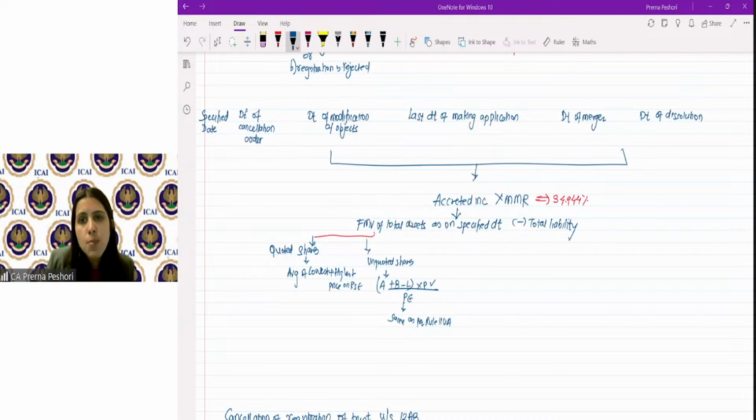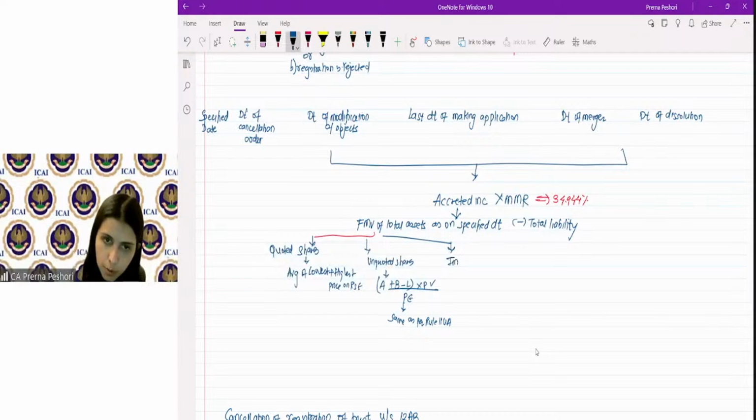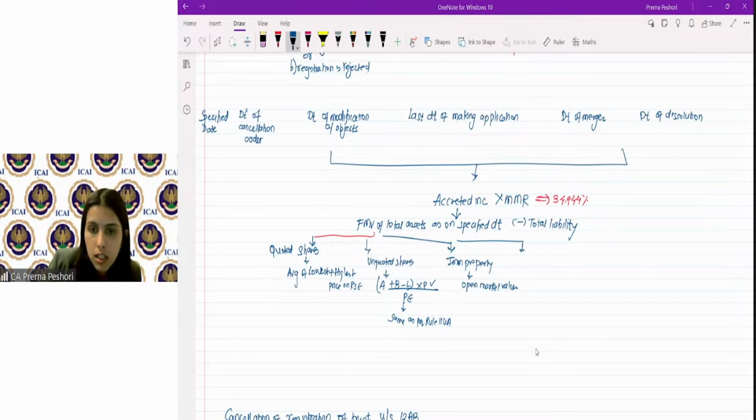Okay. So A is basically your book value of all the assets. B is the book value of jewelry, immovable property, everything else, right? And then for the immovable property is open market values and any other asset. So any other asset or immovable property, it is the open market value.